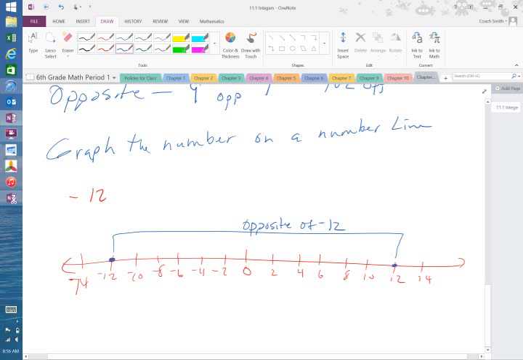Okay? Opposite of negative 12 is a positive 12. But this right here is graphing negative 12. Okay, that's how you would graph negative 12. It would tell you to graph the number on a number line.